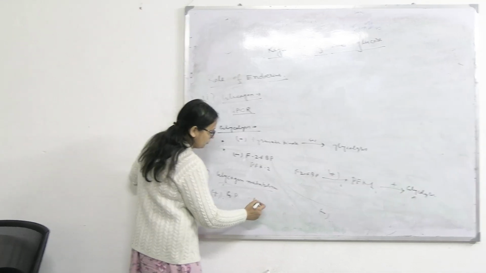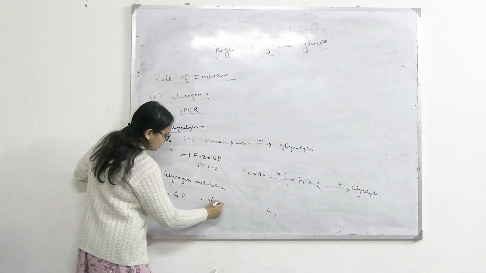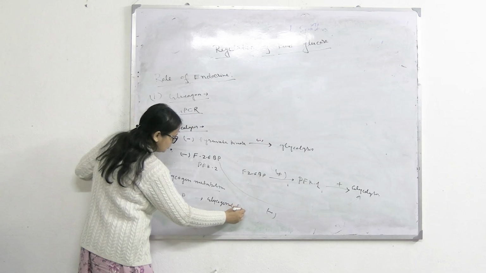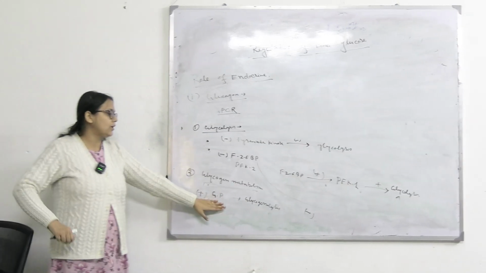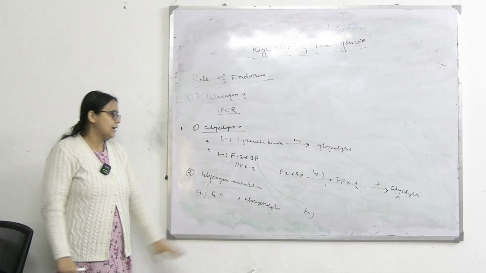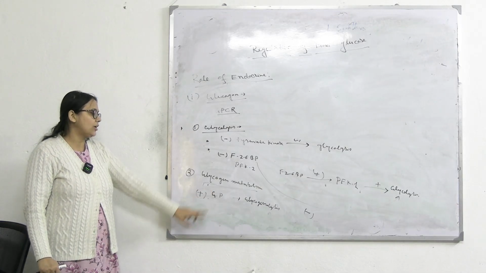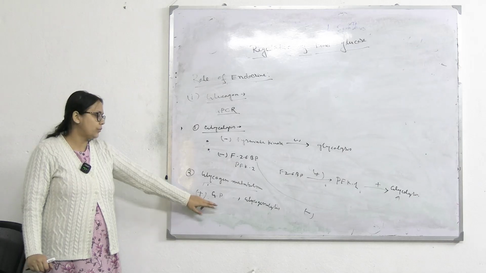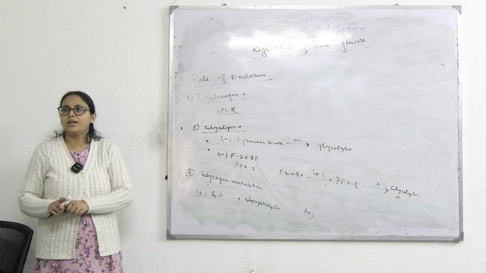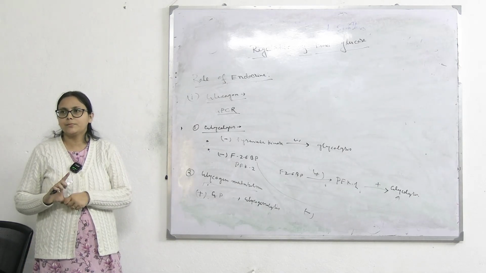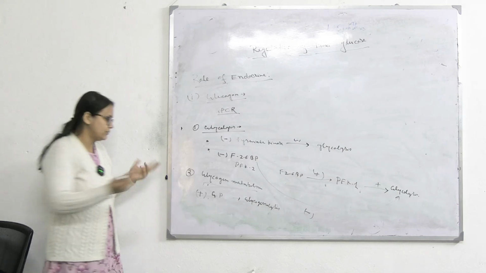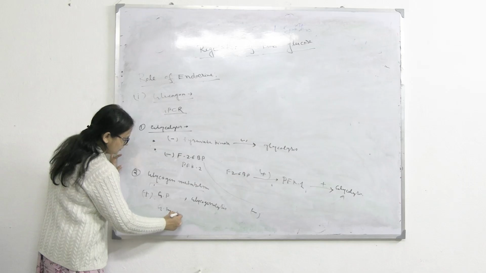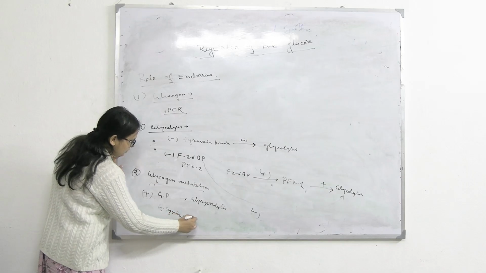That means glycogenolysis. This is the key regulatory enzyme for glycogenolysis, and the key regulatory enzyme for glycogen synthesis, this is for breakdown, and for synthesis the main regulatory step is glycogen synthase. Very simple, glycogen synthase.